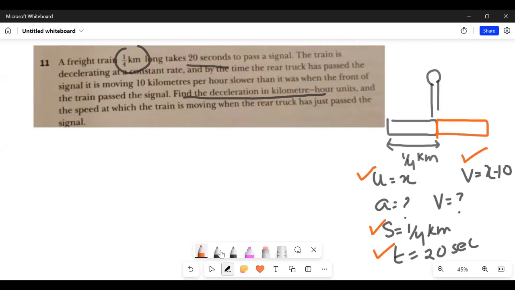V equals u plus at. But you have to find x first. That would give you u and v, and then you can find it. So use u, v, s, and t. Which equation do we use?